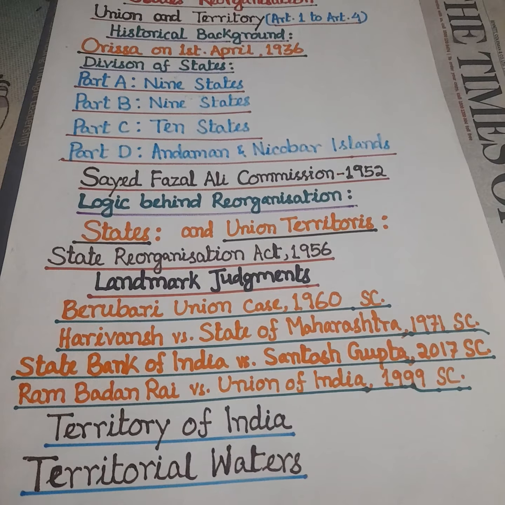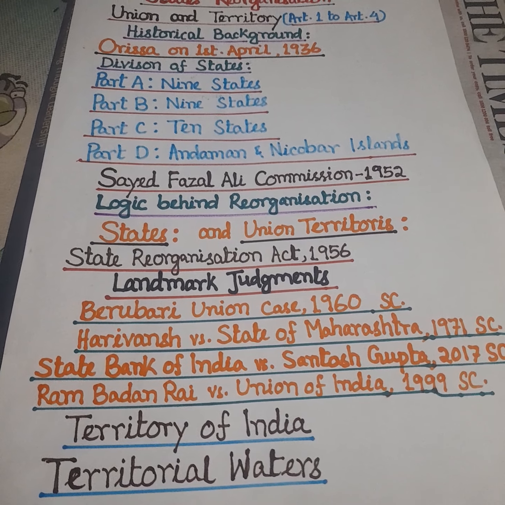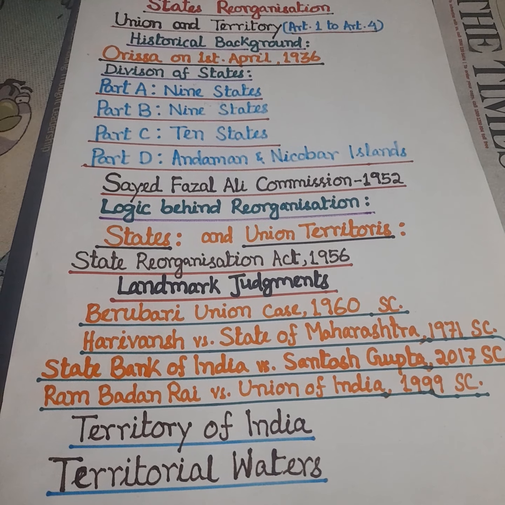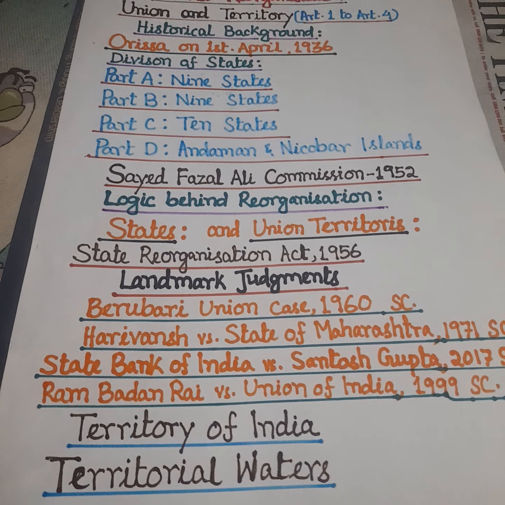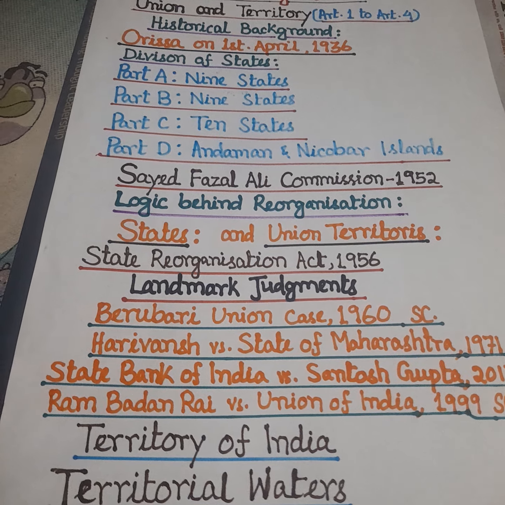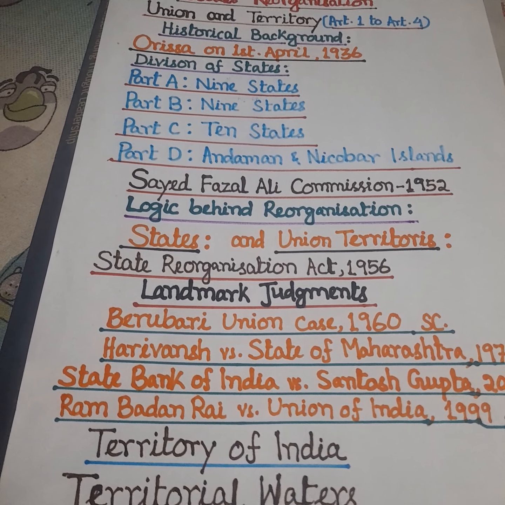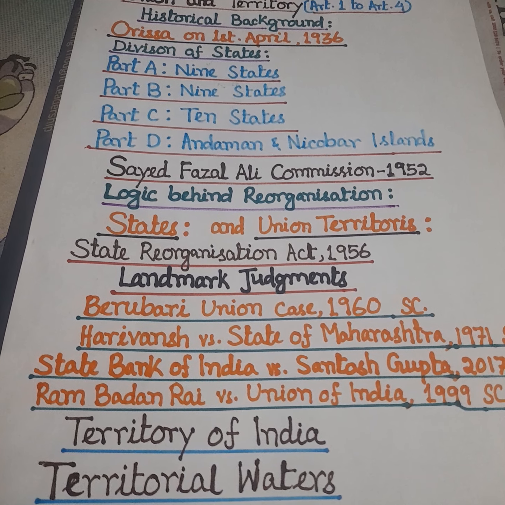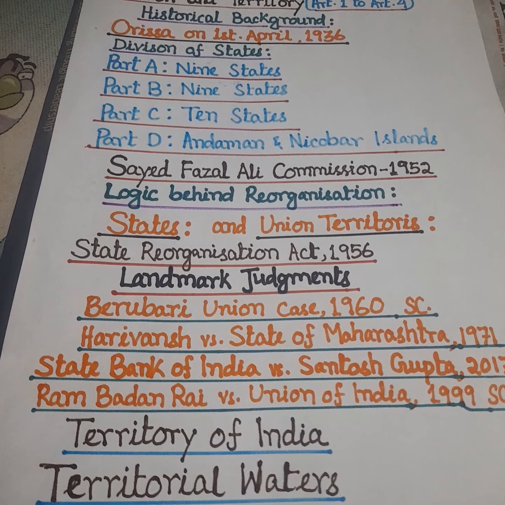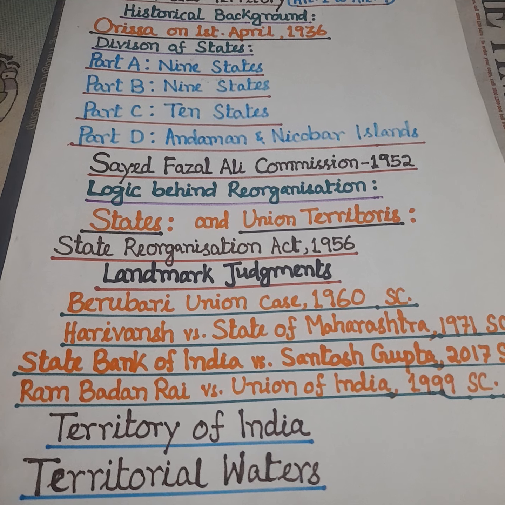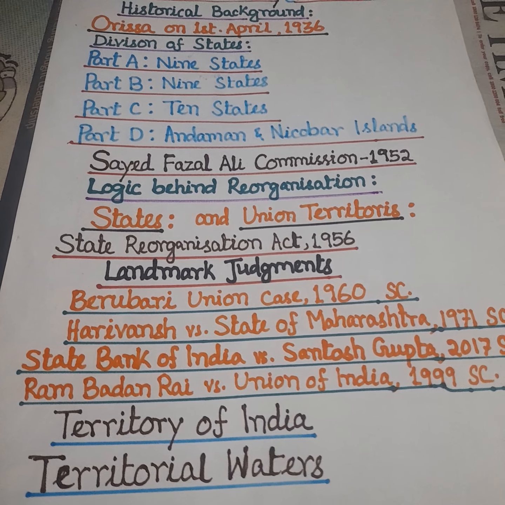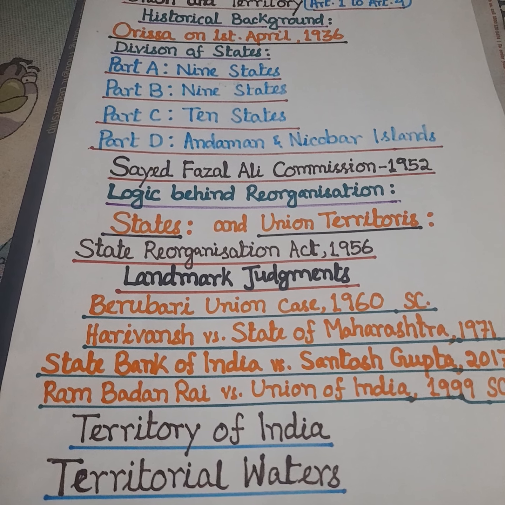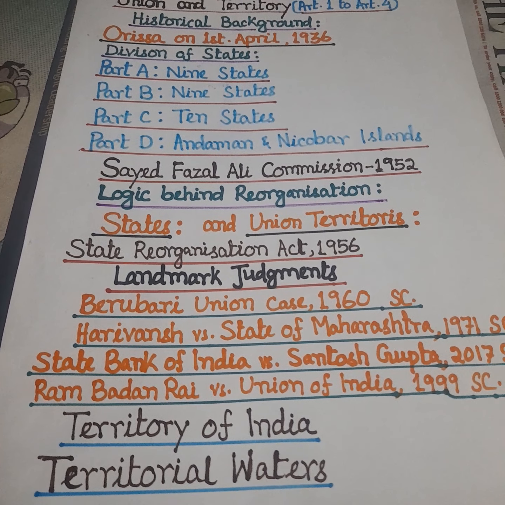So, in this regard, we would like to see exactly what the provision provides regarding the states and union territories. At present, after the state reorganization, the recommendations under the States Reorganization Act, 1956 created 14 centrally governed states and 6 union territories.